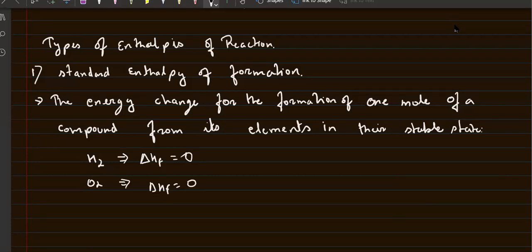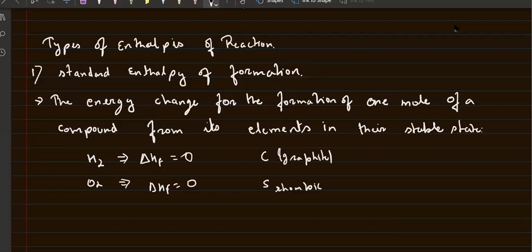Now, there are some elementary states that you have to remember. H2 and O2 I have told you. For carbon, it is graphite form. For sulfur, it is rhombic form.